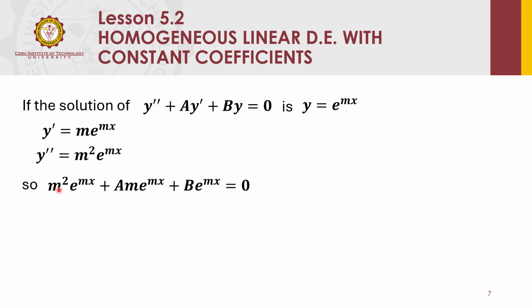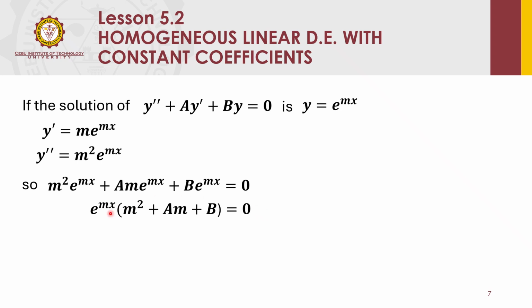If we factor out e to the power of mx, we have this quadratic expression. And if this is a solution to this DE, then it follows that each factor here is equal to 0.